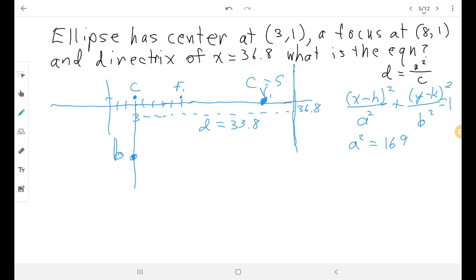I don't know that it's there, but what I do know is that from the center out to a minor vertex, and from the center to a focus point creates a right triangle where the hypotenuse of that right triangle is the distance A, right? So this distance is what we call C, this distance is what we call B.